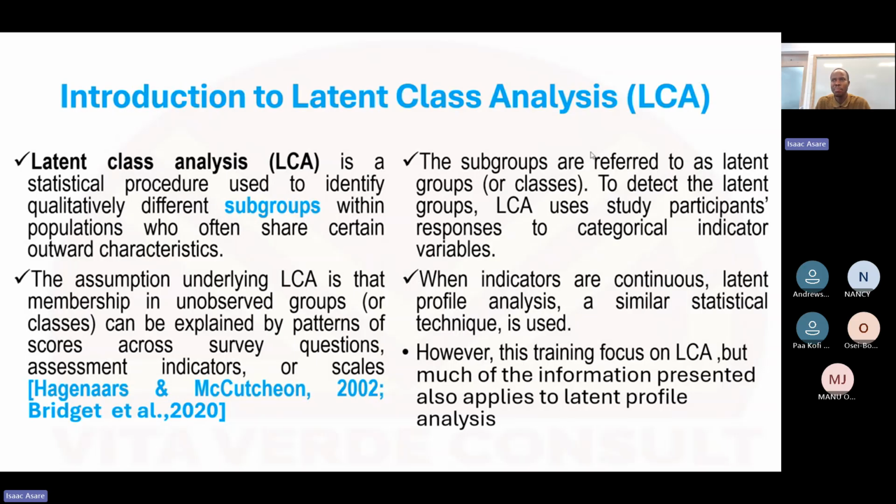This technique will be appropriate. And those who are in the area of social sciences, or let's say this kind of health related fields, I think this technique can be more useful to them if they really want to see how, let's say, people react to a certain kind of condition within a geographical area, within the same community.